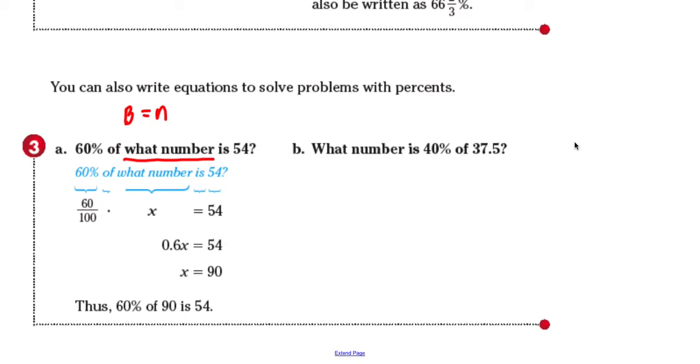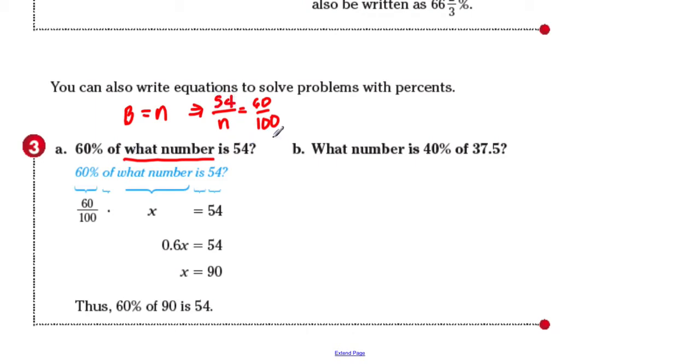Now let's do this using the percent proportion. If we know that our base is n, we can solve this using the percent proportion. 60% of what number is 54. So our rate will be 60%, so it's going to be 60 over 100. And since our base is n, put that n, and 54 becomes our percentage.